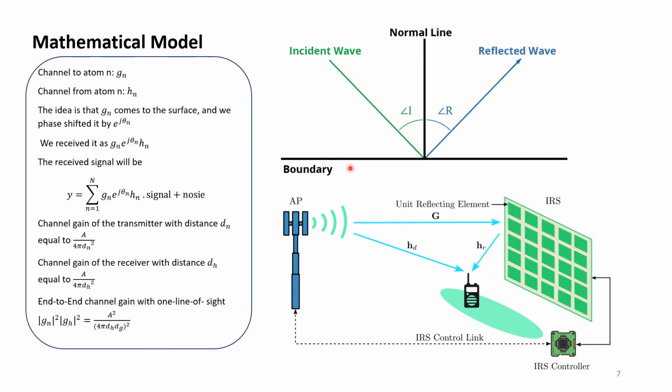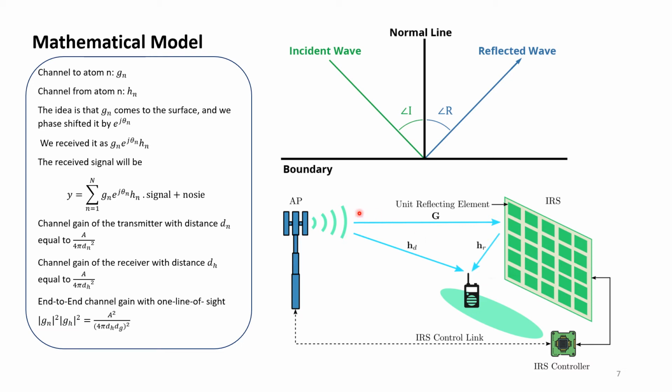Mathematical model. We have a transmitter and a receiver, and we have an intelligent reflecting surface, which consists of meta atoms. And these atoms should be separated by a distance less than the wavelength of the signal. We have a channel from the transmitter to the IRS and a channel from the IRS to the receiver.